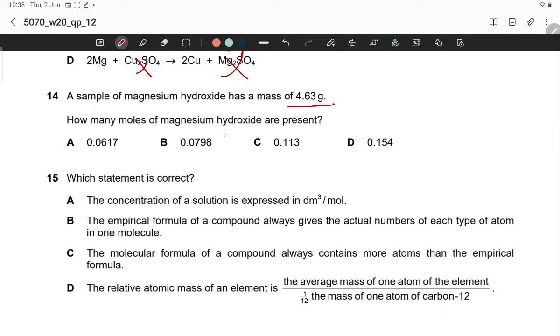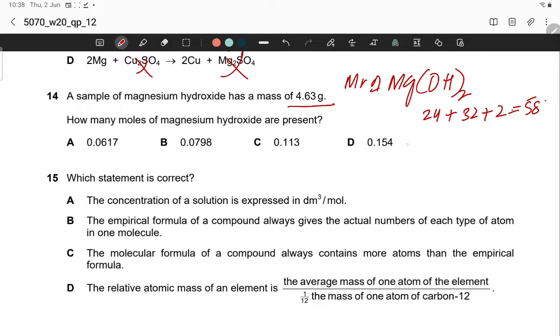A sample of magnesium hydroxide has a mass of 4.63 grams. How many moles of magnesium hydroxide are present? The Mr of magnesium hydroxide is magnesium 24 plus 32 plus 2, which is equal to 58.